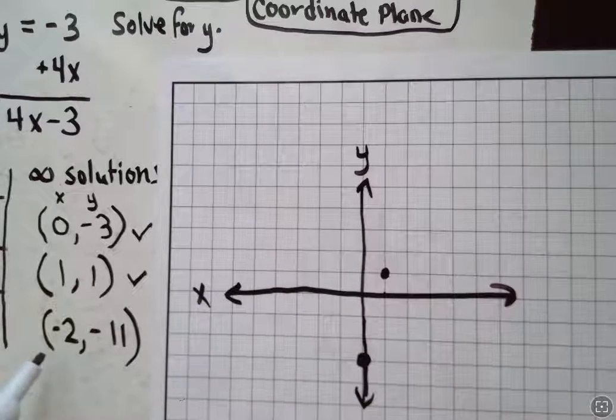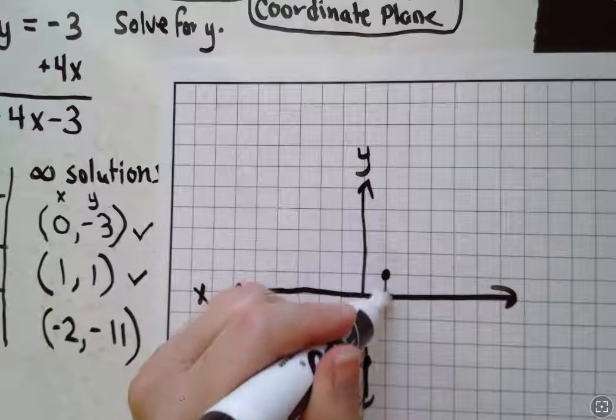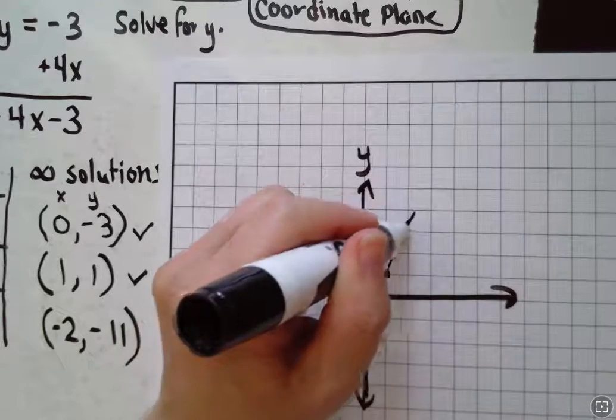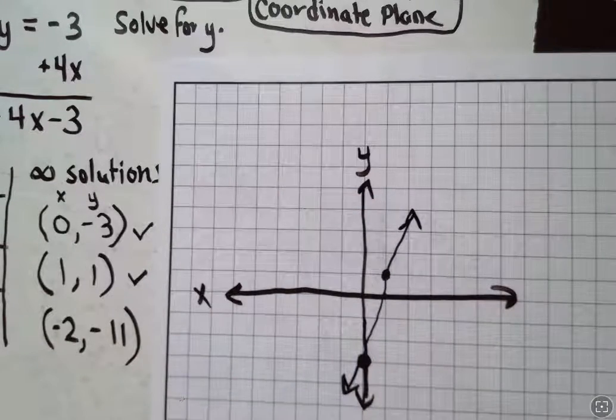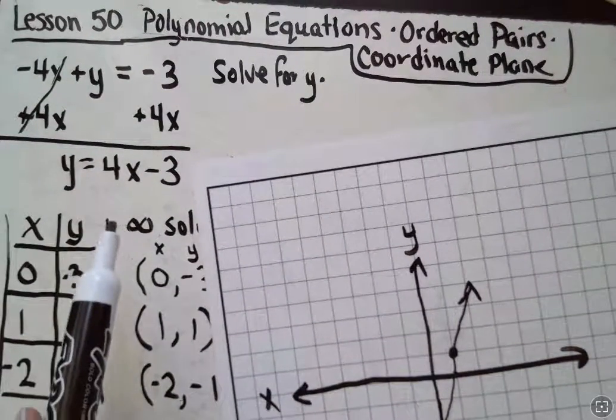I could graph -2, -11, but my graph isn't big enough to go as far as 11. So this is going to be my graph. If I connect these 2 points, and if I kept going, this isn't very pretty, but if I kept going, this is actually the graph of a line. And this line, all of the points that lie on this line are part of the infinite number of solutions for the original polynomial equation that we were starting with.